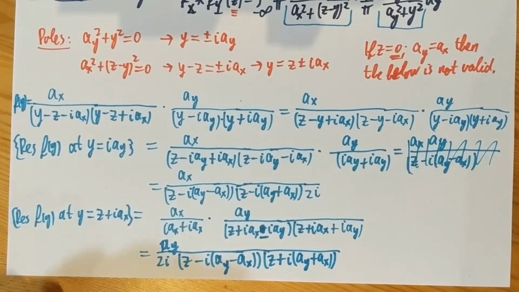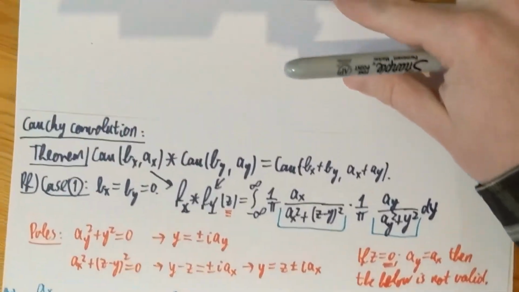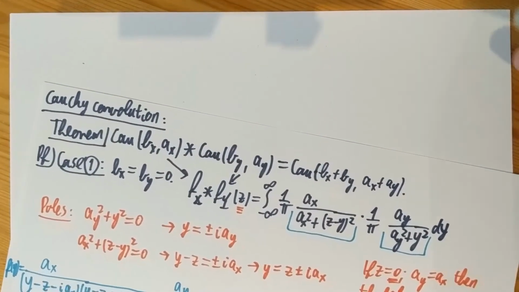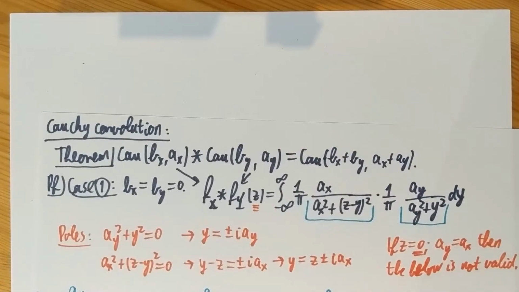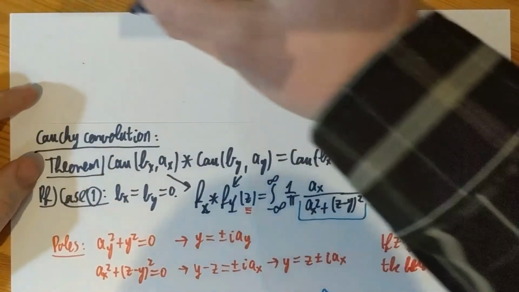Okay, so now that we have this preliminary calculation, now we can actually do the contour integral. We can calculate the integral, and that needs a little bit of thought about our curves. So what do we need to do?